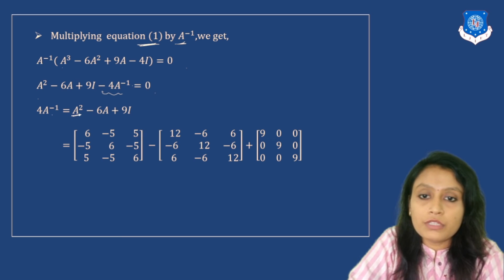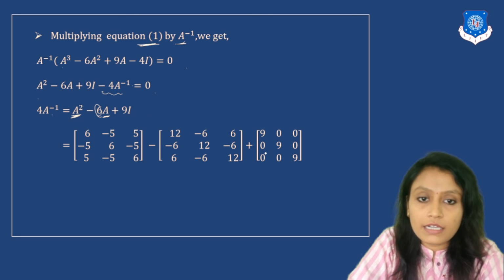Now we will substitute the value of this A square, A. Okay, so you will get this. Now here we have to multiply this A matrix by 6, so you will get this matrix plus 9I, means we have to multiply it by 9 to identity matrix, so you will get this matrix. Okay, now again we have to simplify this.